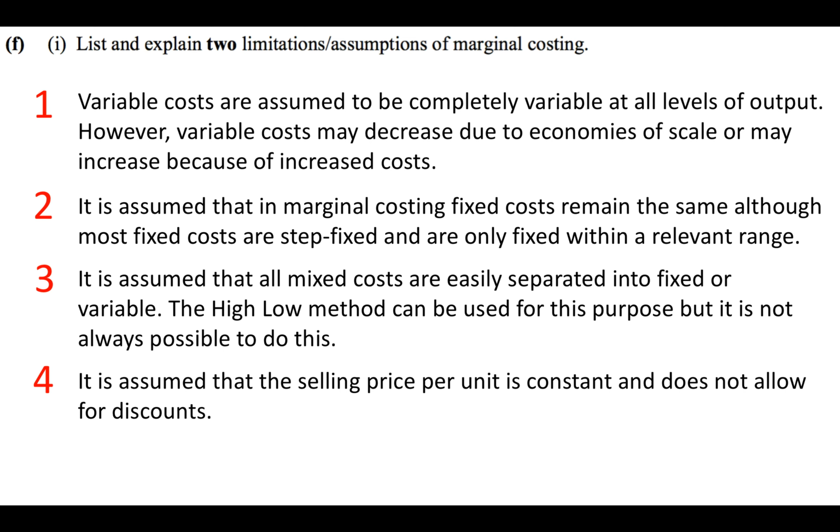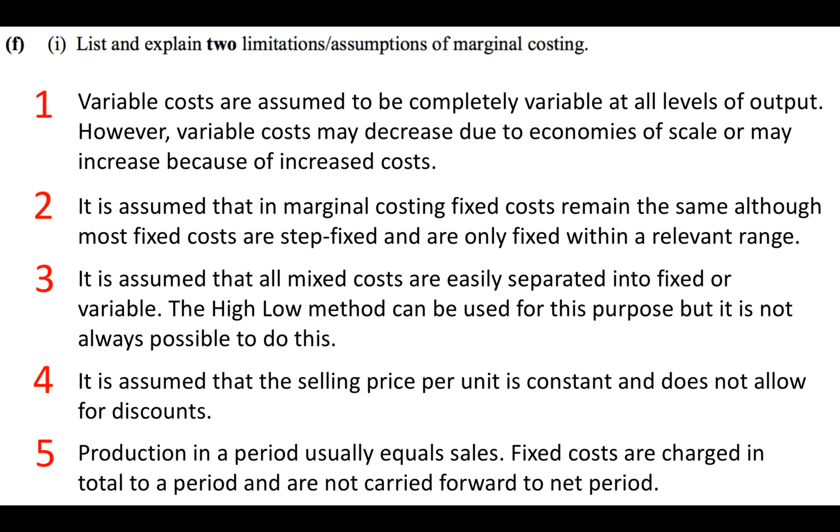Just like we have just seen, we would obviously be expecting discounts from our suppliers. We would obviously be offering discounts to those customers that are buying in bulk from us as well. And then production in a period usually equals sales. Fixed costs are charged in total to a period and are not carried forward to the next period.